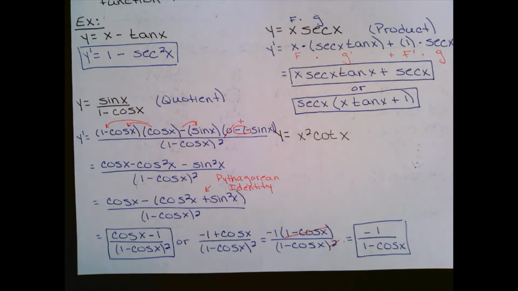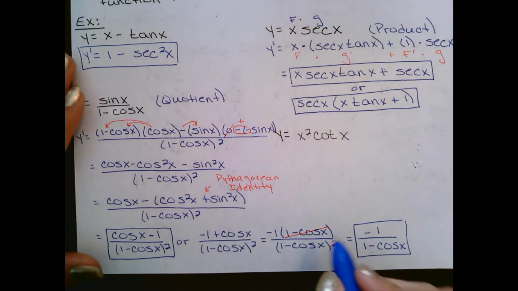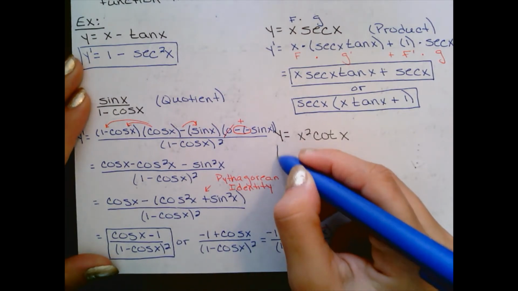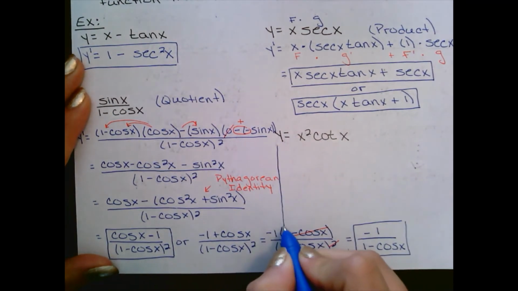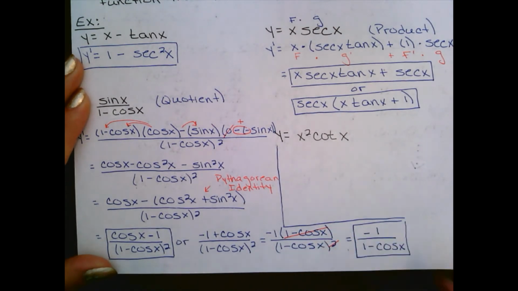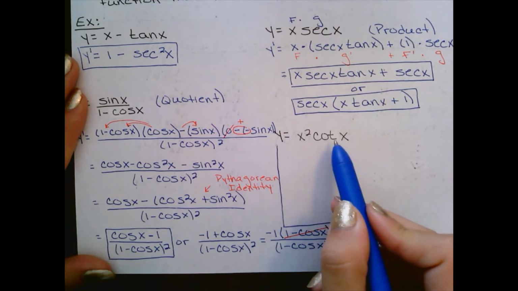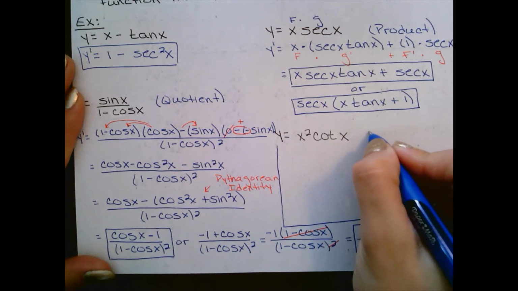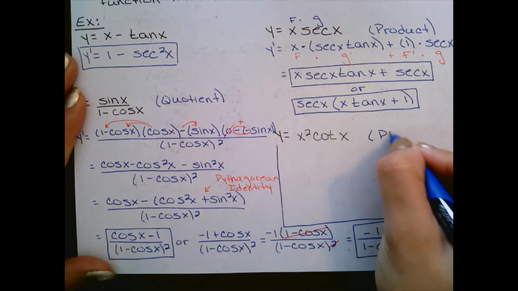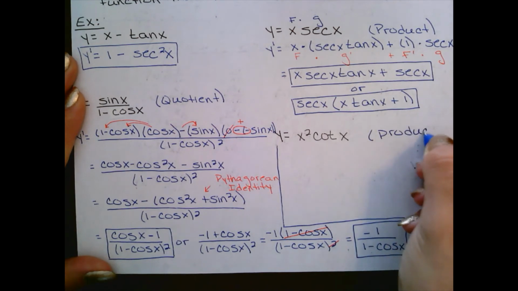Let's check out this next one. I hope I have enough room here. All right, so let's draw a little line. Let's see if I can make it fit. All right, if my function is x squared times cotangent, I know that that multiplication means that I have a product rule.